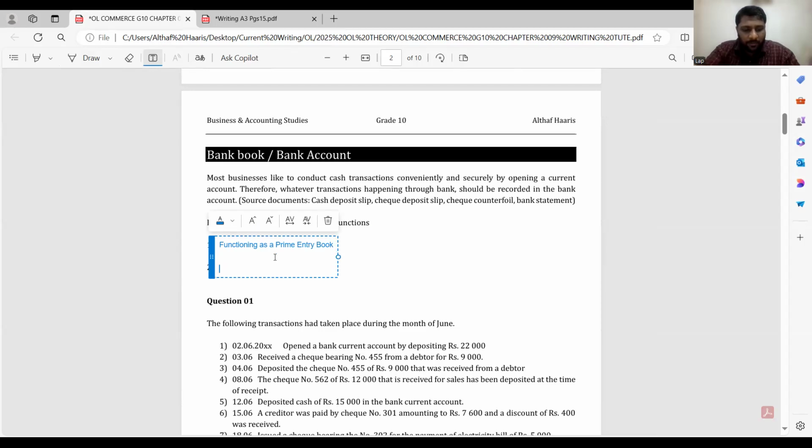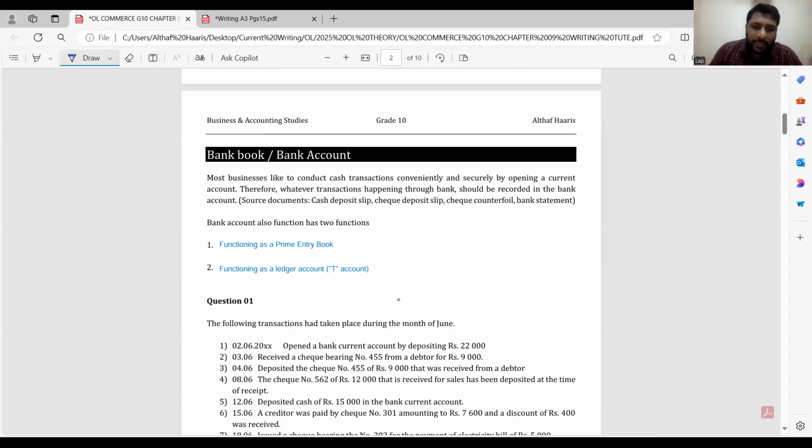Next one, functioning as a ledger account. T account that we studied. Once you all are done, just let me know in the chat box.